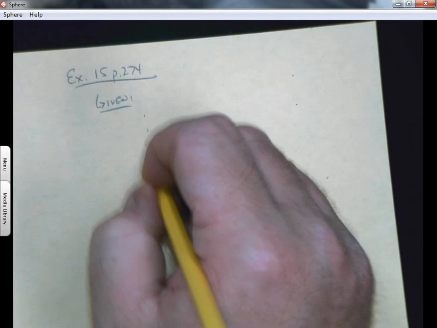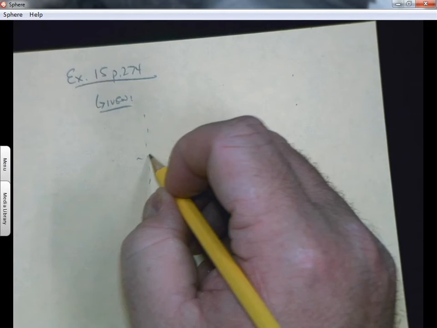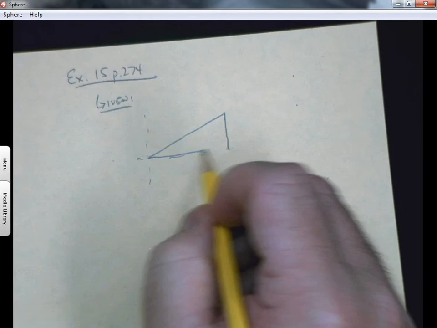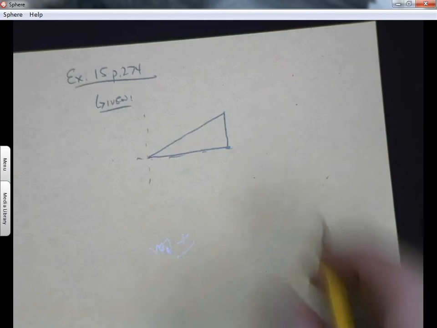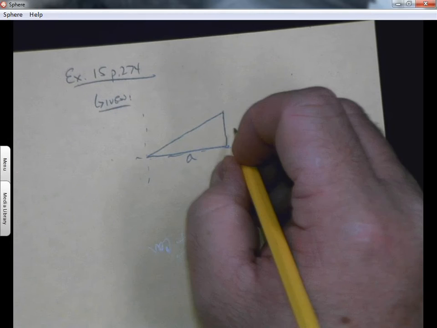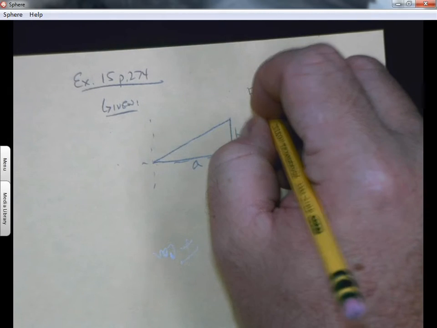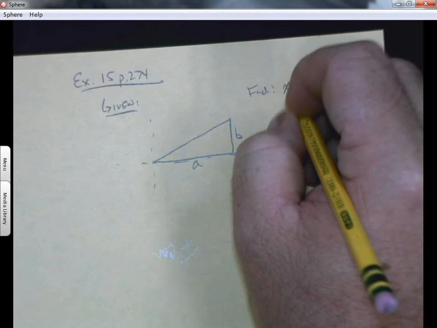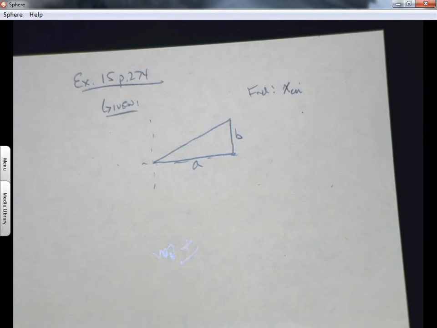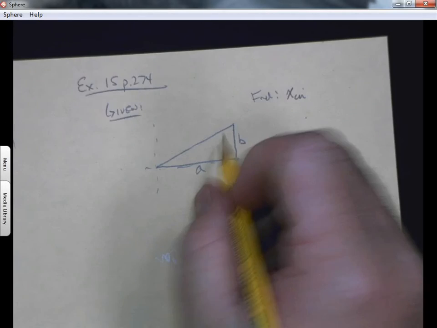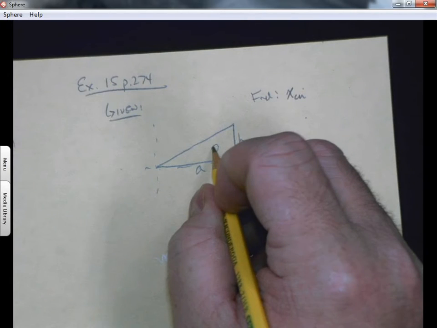Okay, given that we have this triangle, we want to find the center of mass of our triangle. The triangle has sides a and b. Okay, our center of mass is going to be in here somewhere.